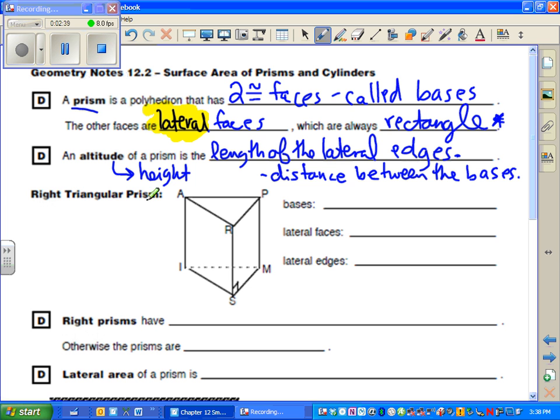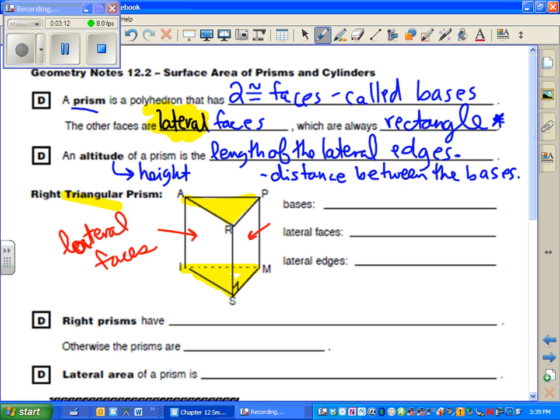So if I'm looking at this specific prism, it's a right triangular prism. So I'm going to shade the two bases, which are the shape of a triangle. All the other faces, which would be this, this, and then technically the one on the back side of this, these are your lateral faces, because they're not the base.